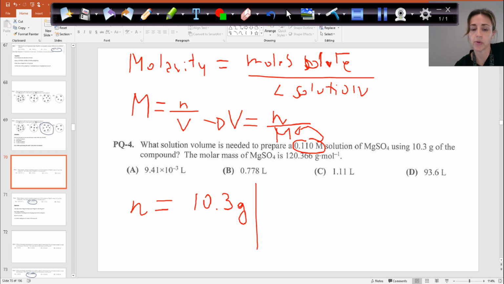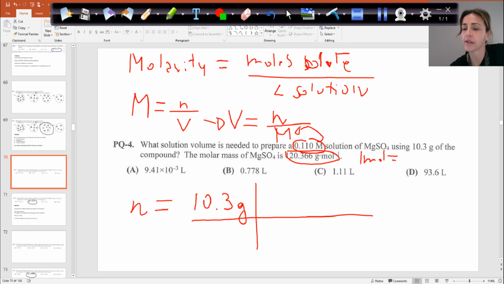And I can make it a table, right? Or I can multiply by conversion factors. What does this mean? This means that each 1 mole of that compound is 120.366 grams, right? So how do I use that equality in a conversion factor to get me moles from grams, which is what I need?